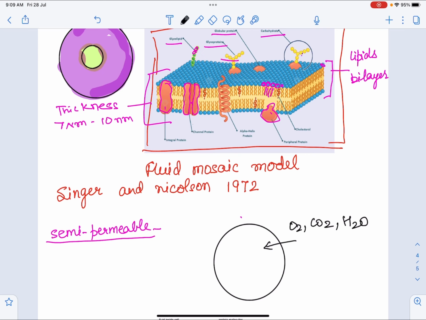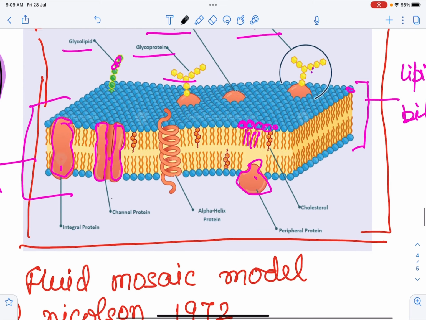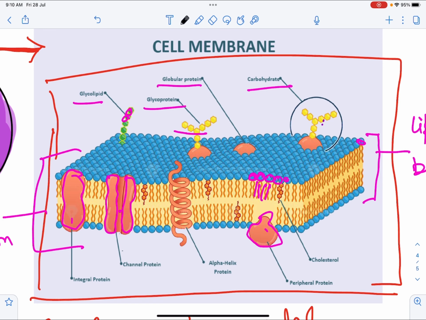Carbohydrates, as I told you, are attached to the extracellular face of the plasma membrane in the form of glycoproteins. If you see, this is a carbohydrate which is attached to the proteins. This is called glycoproteins or glycolipids.